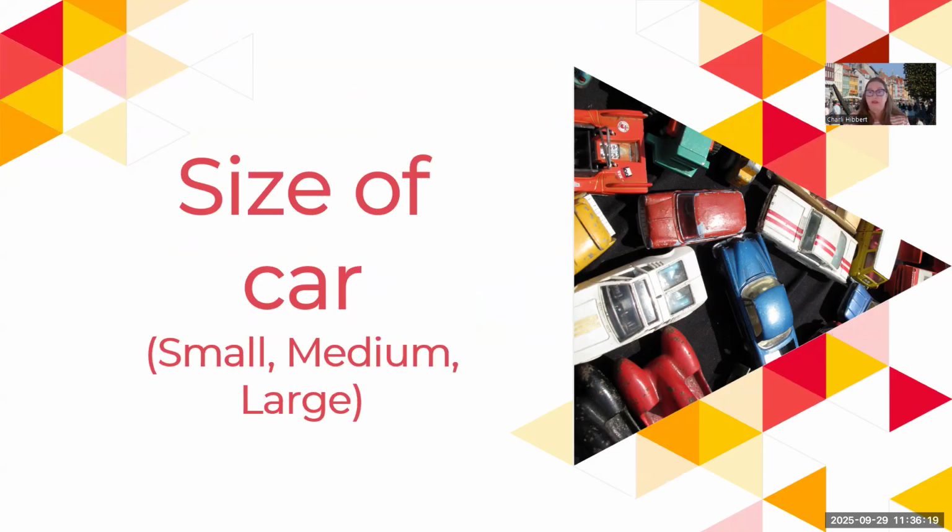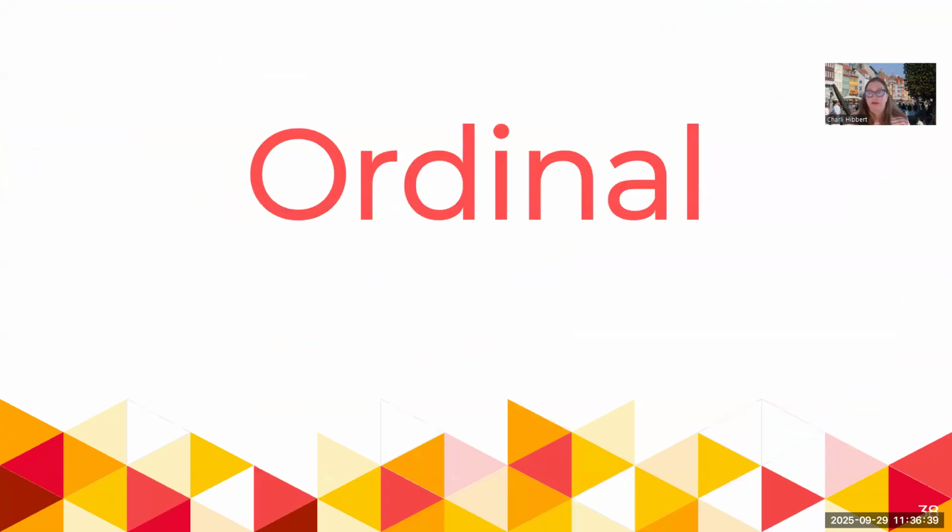First place and second place could be a minute apart, and second place and third place could be 8 minutes apart. So first, second, third, there could be a variation in the space between them. Same with small, medium, and large. But small, medium, large does make it ordinal.